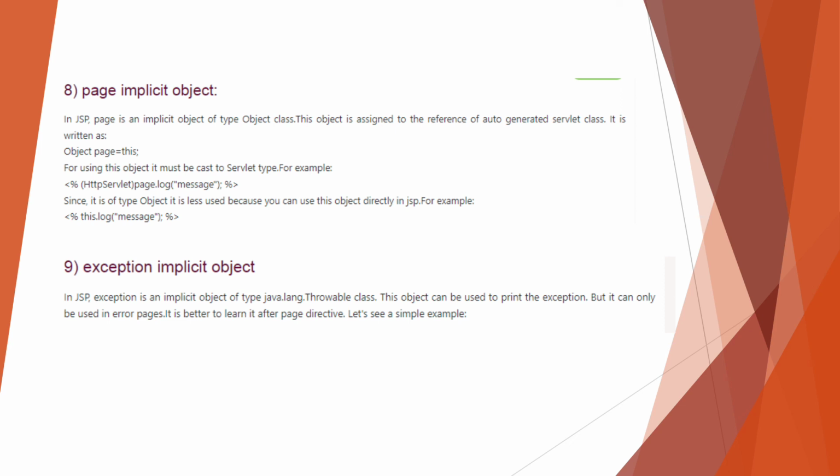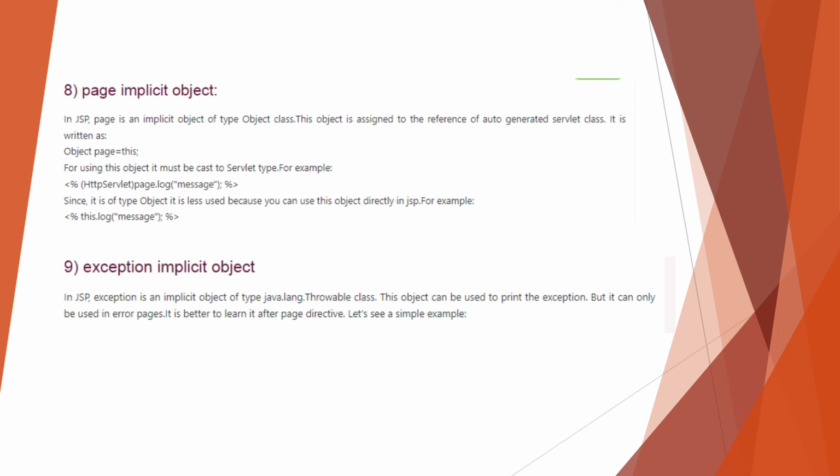It is better to learn it after the page directive. Whatever we learned about the page directive in the previous lecture, that is how the page directive works. In the previous lecture we talked about directives. So this is all about the implicit objects. You can find many examples of it on the web.